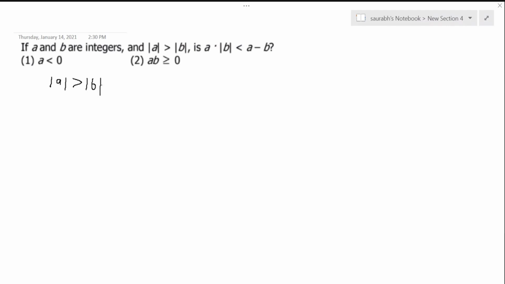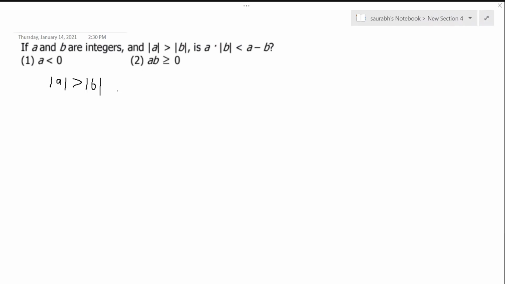What does it mean? It means that A is farther from 0 than B is. Isn't it, Jijit? That's correct.